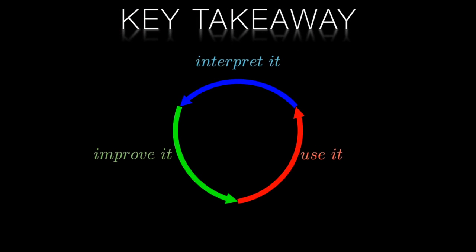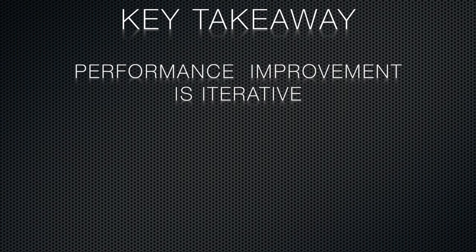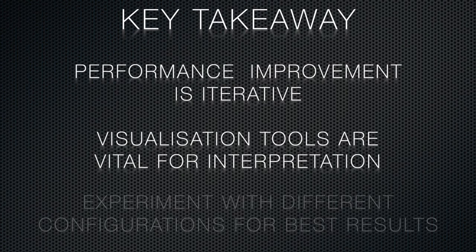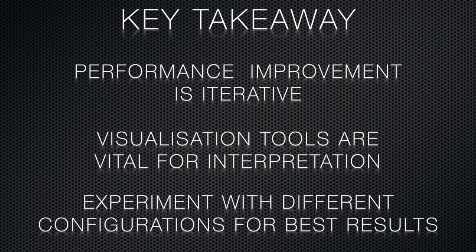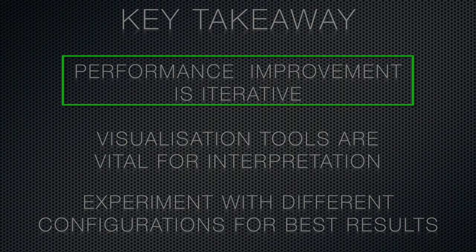AI is great at spotting patterns and performing on data that it has not seen. Adaptation and updating parameters in response to new data is a key attribute of AI, but we can help it get better at getting better. Use, interpret, improve helps us get optimum performance from our AI projects.